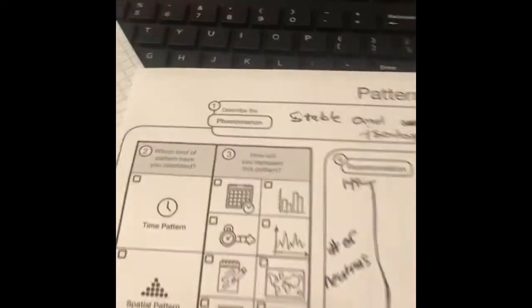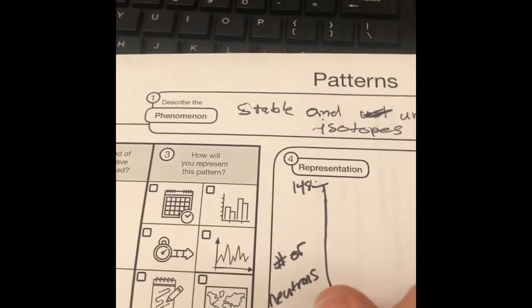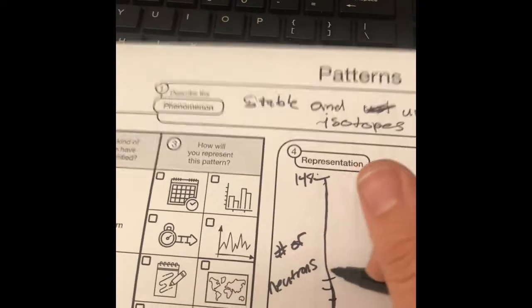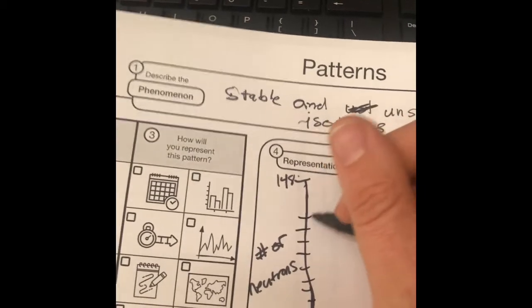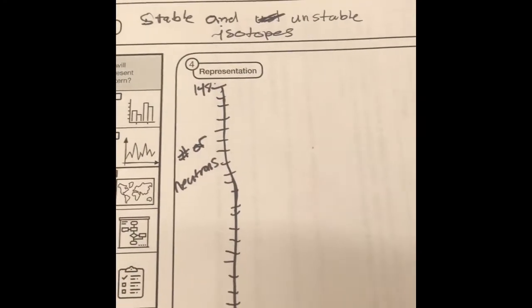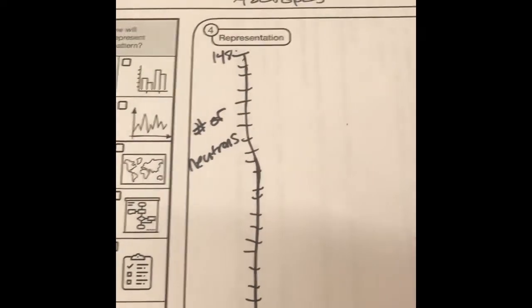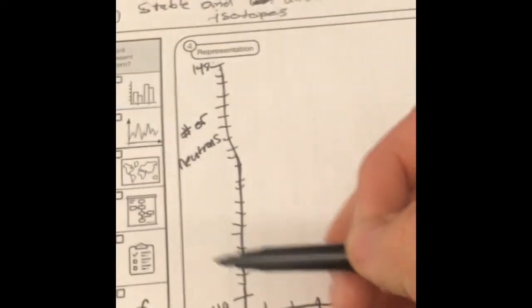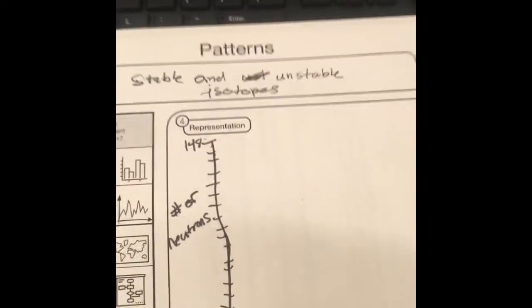Okay, so you're going to want to fill in your axes, number all the numbers, and I highly recommend that you guys use a pencil. I'm using a pen so you can see it, but use a pencil so you can number your axes on this graph. Okay, so between 82 and 92 and between 119 and 148.